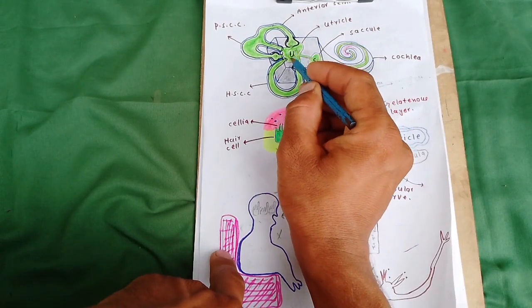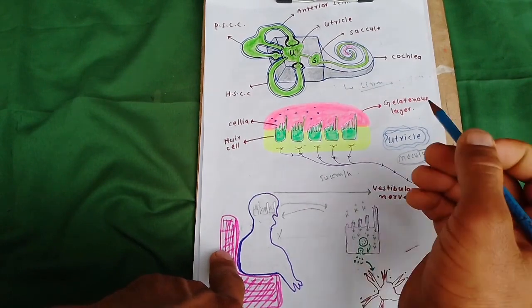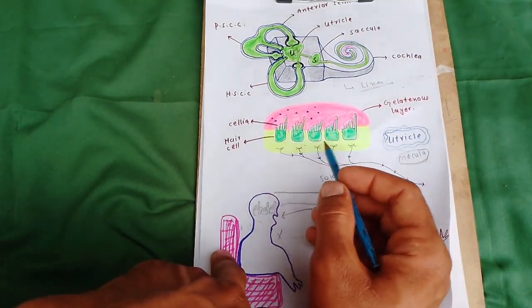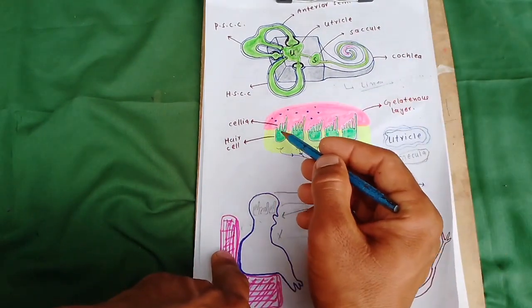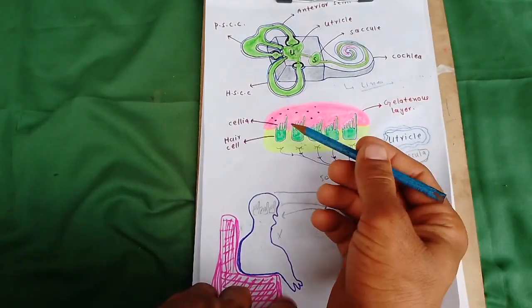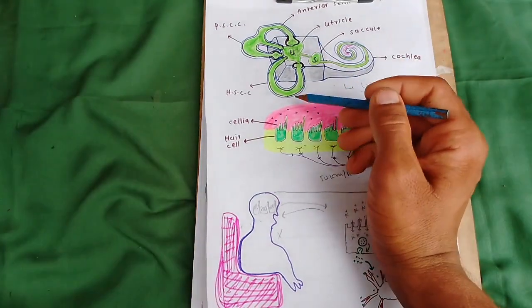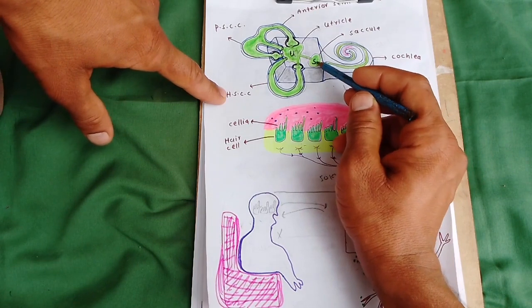The receptor organ of the utricle and saccule is called the macula. There are receptor cells, hair cells of different types. This is a very complicated mass, but I draw only the hair cells and the gelatinous layer along with the nerve fibers, as a simple structure. The macula is the sensory organ of the utricle and saccule.